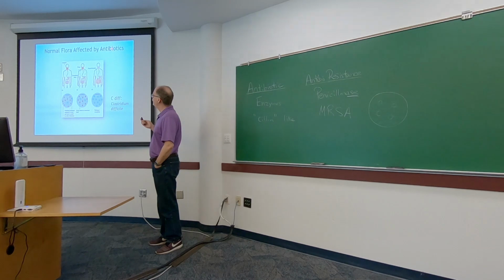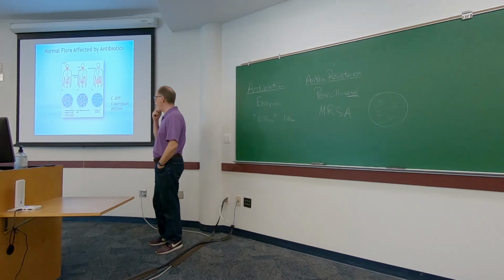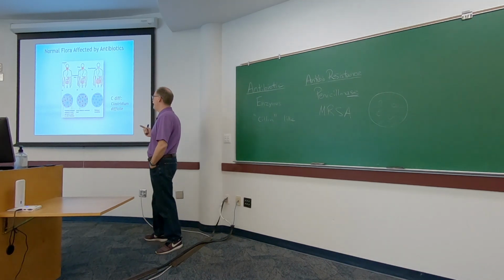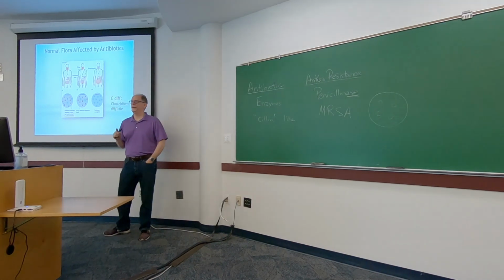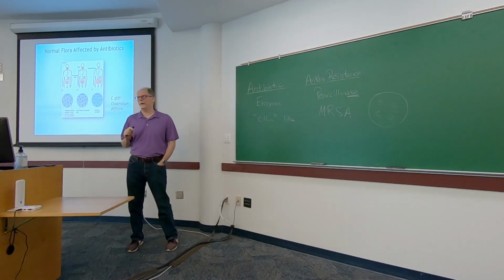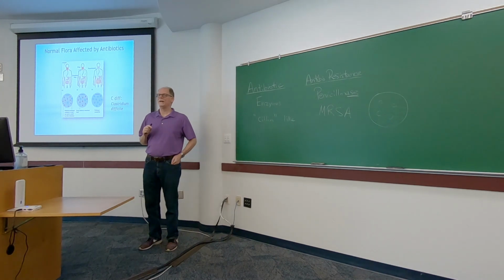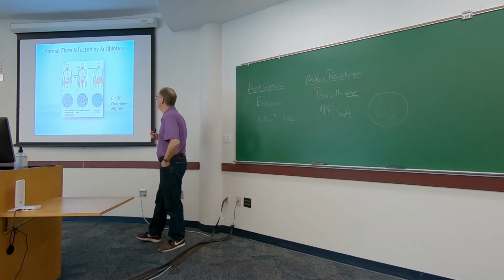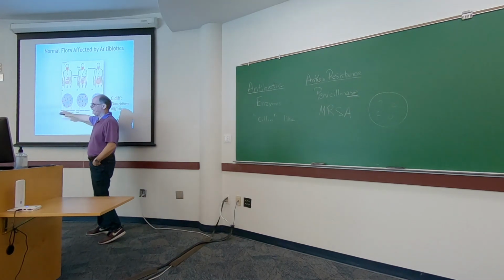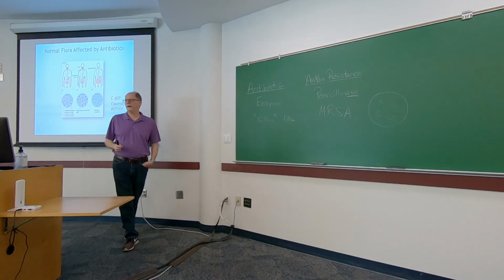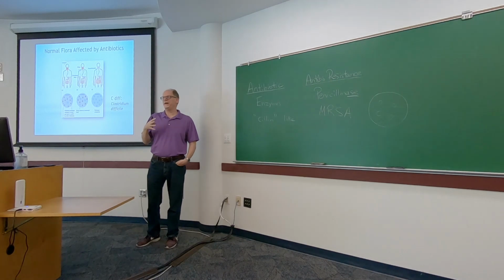Normal flora: if you're given antibiotics, the other problem is that it does kill the normal flora in your body as well. In your intestine, you have about 10 or 20 different bacteria growing, all at different numbers.